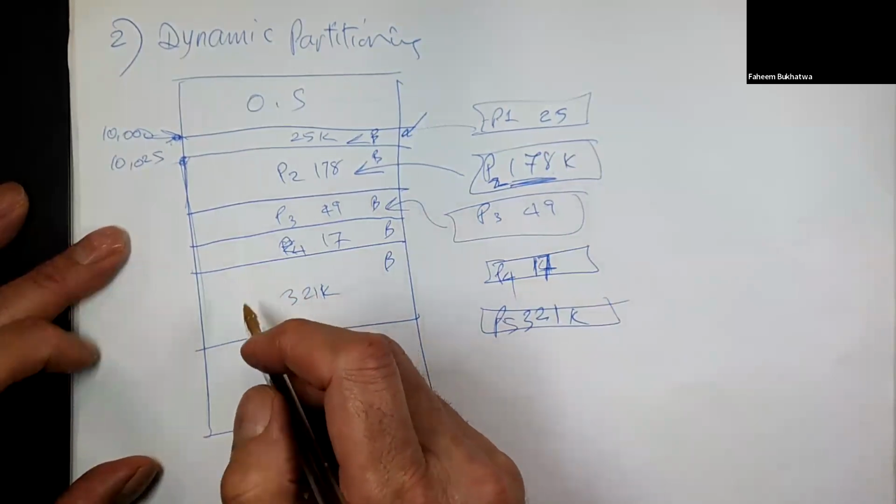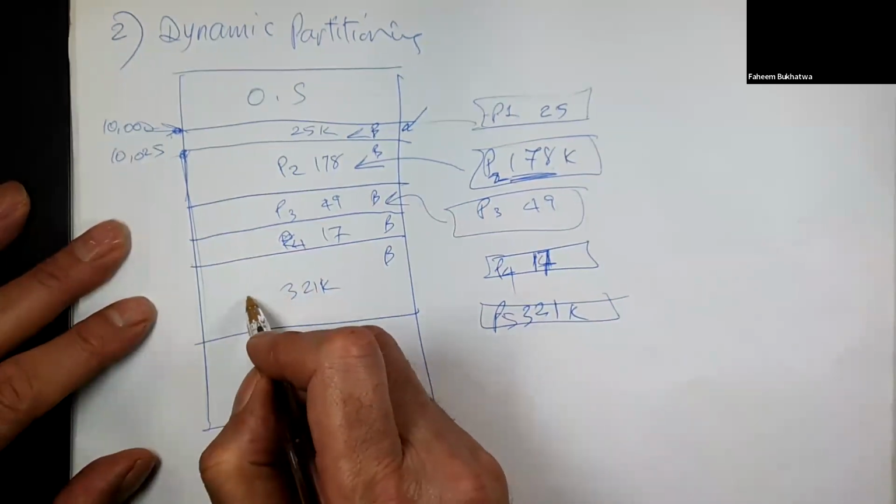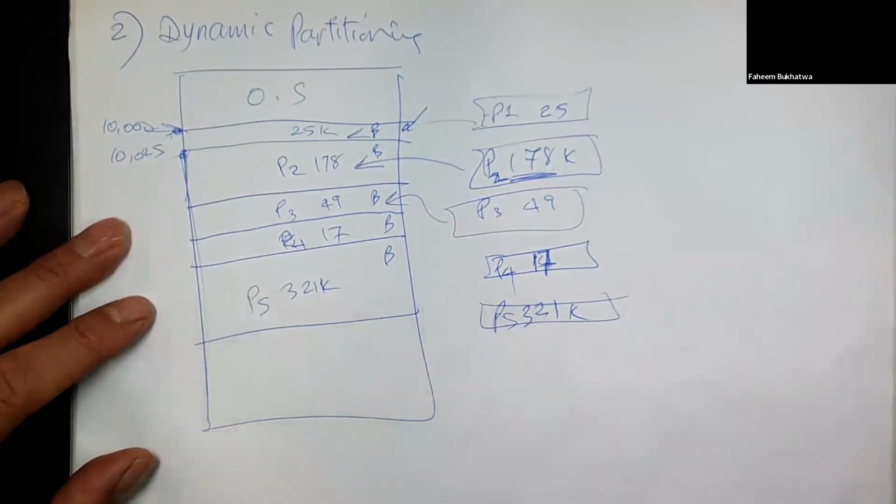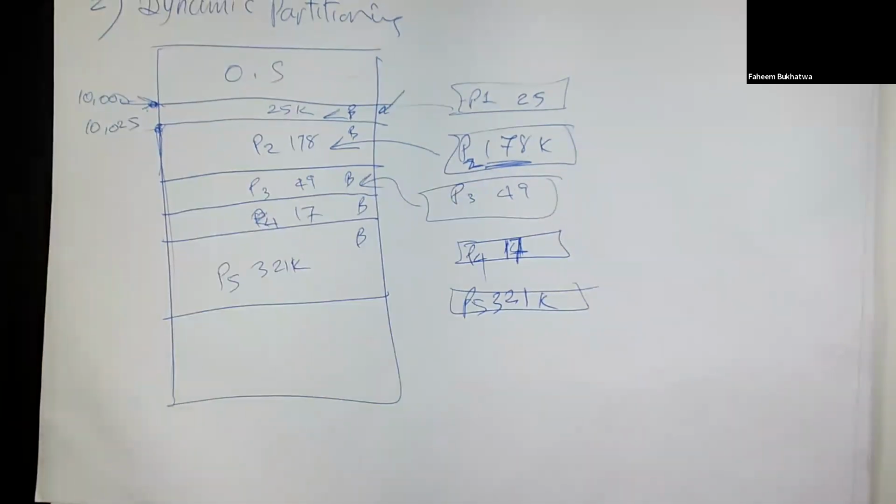Now, when does the problem start? Well, there's no problem so far. So far, it's extremely efficient. There's no internal fragmentation. You remember internal fragmentation? How does internal fragmentation happen? There is a space in memory that is not used by the program.